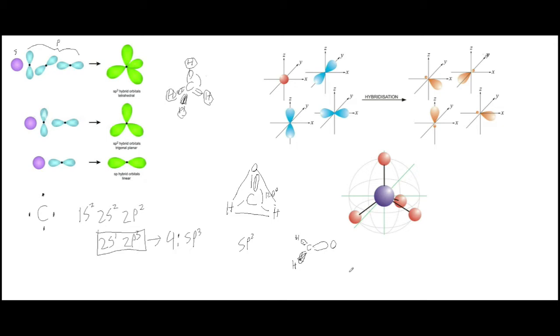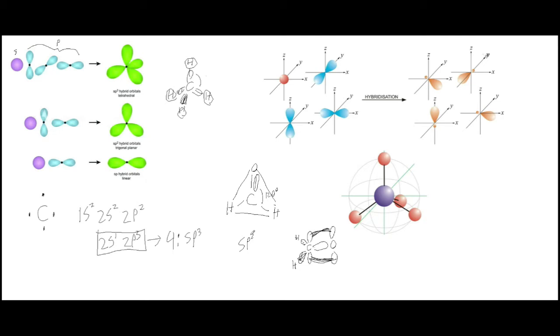The oxygen and this carbon are still left with p orbitals like this, and these p orbitals have an interaction going back and forth between them, on both the upper part and the lower part. That's what makes up our double bond.